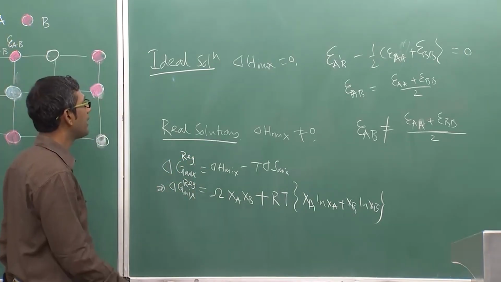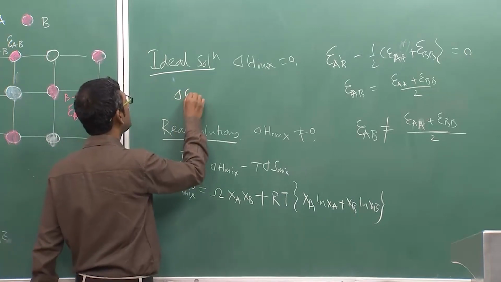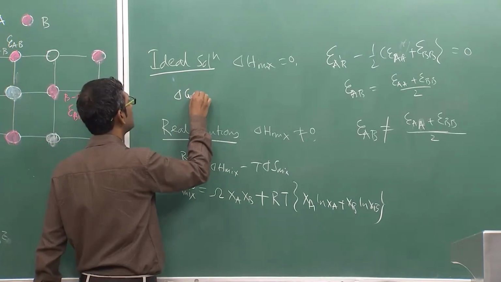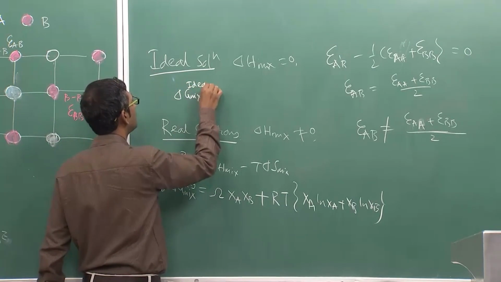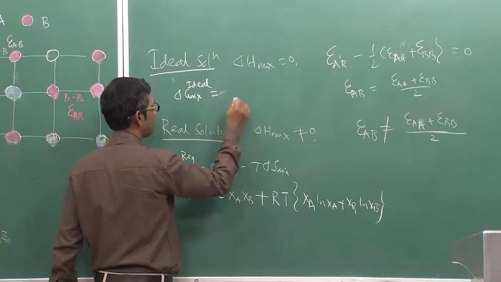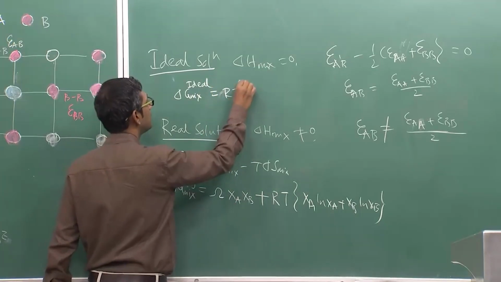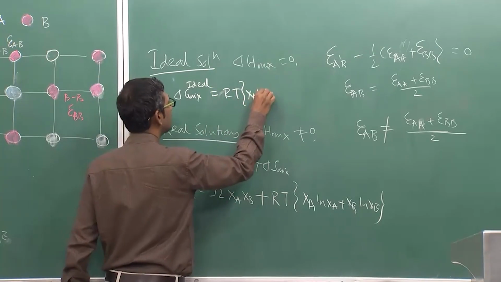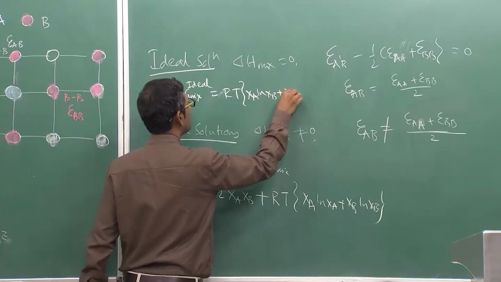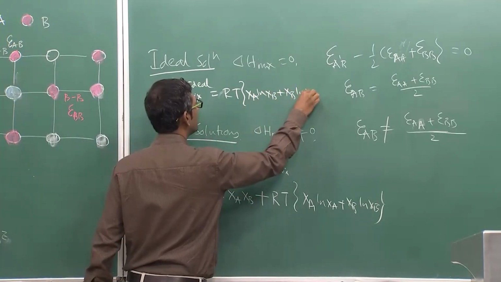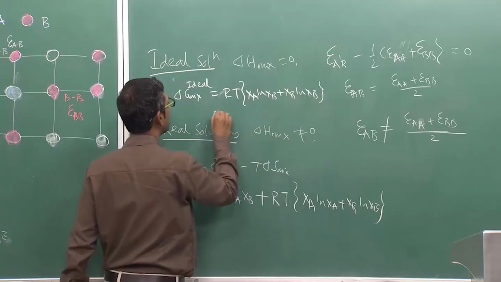Okay. For ideal solutions we know that delta G mix ideal is nothing but RT (XA ln XA plus XB ln XB), and I wrote these things in the last lecture like this.